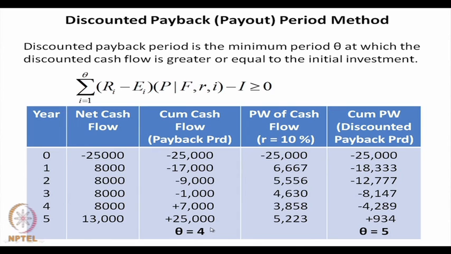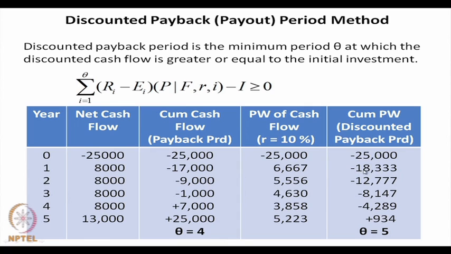So, this is the payback period. Now, when we calculate the discounted payback period, the present worth of 8,000 is calculated. So, at a MARR of 10%, the present worth is 8,000 divided by 1 plus R. That comes to 6,667.